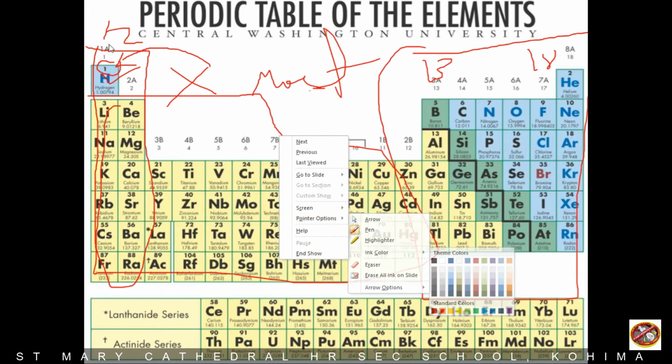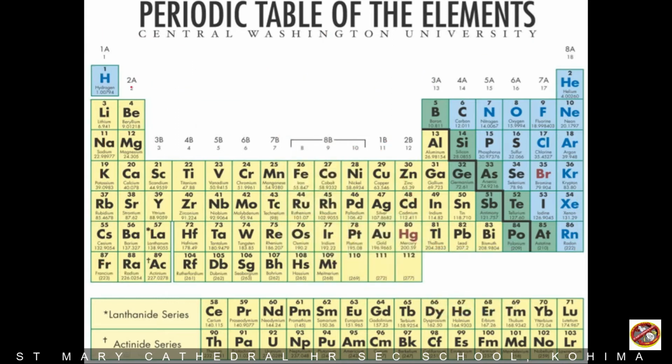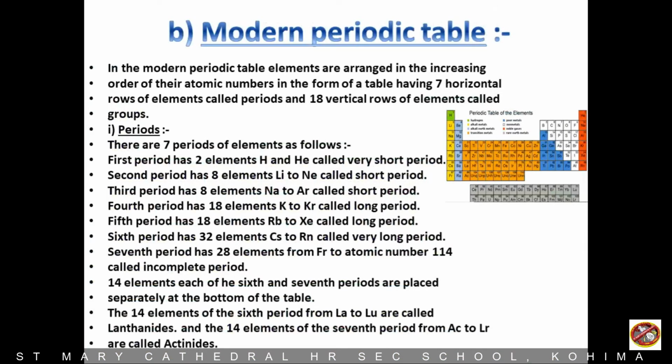So remember, group 1 and 2 you have to remember thoroughly. Group 13 to 18 you have to know thoroughly, to solve some of the questions and answers in the later period.